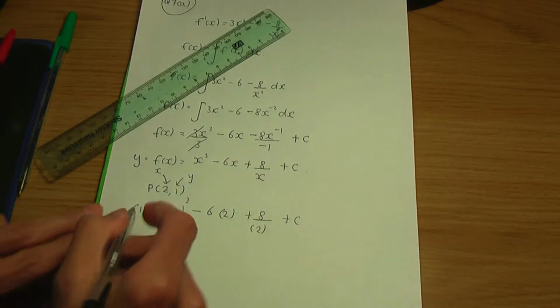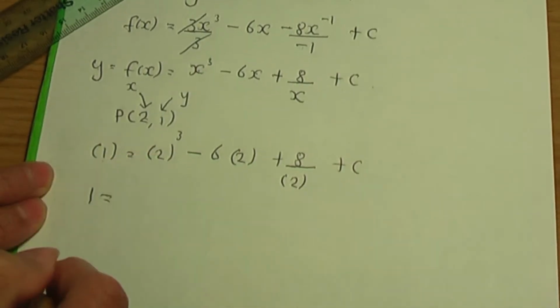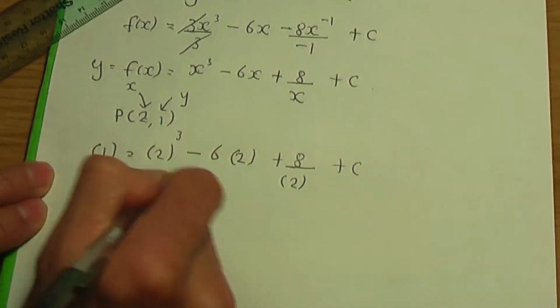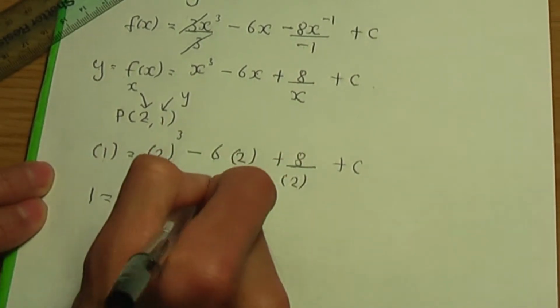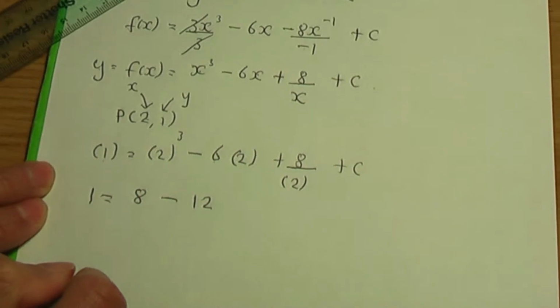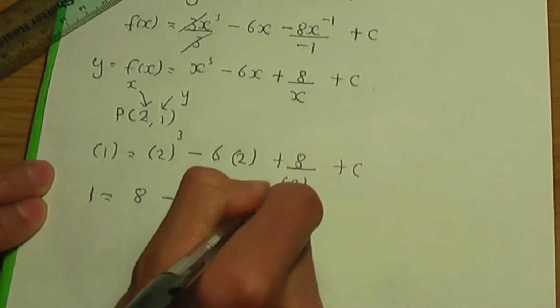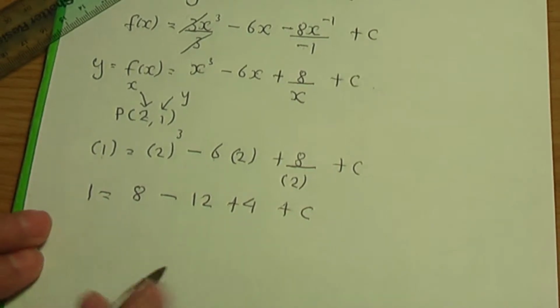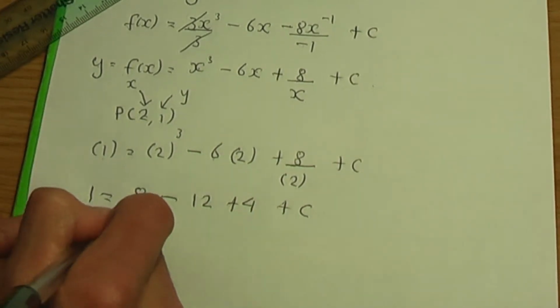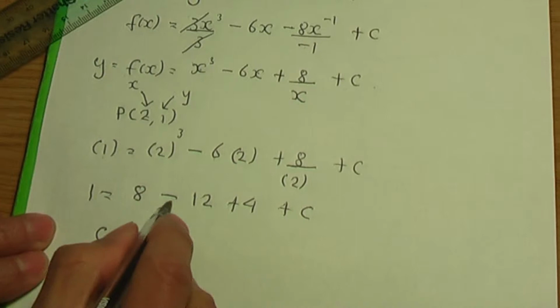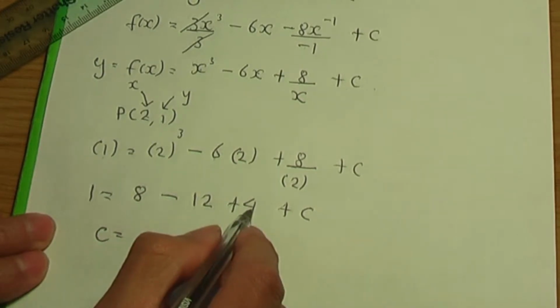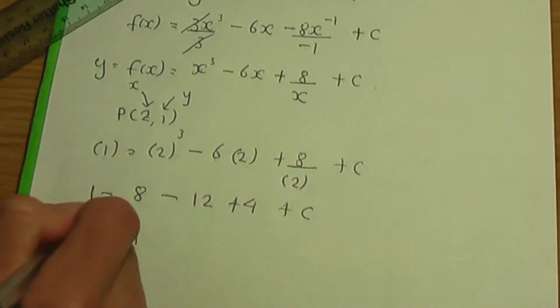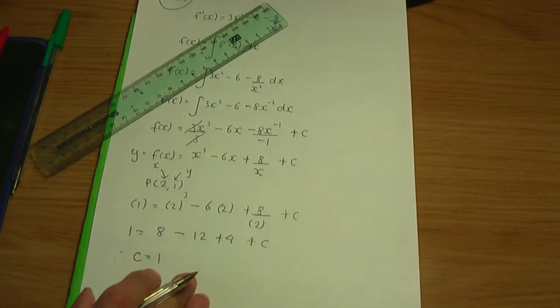Let's simplify. So 1 on the left is equal to 2 cubed being 8, 6 times 2 which is 12, 8 divided by 2 which is 4, plus c. And if we rearrange, as 8 minus 12 plus 4 is 0, I make c equal to 1. So that should be the value of c.